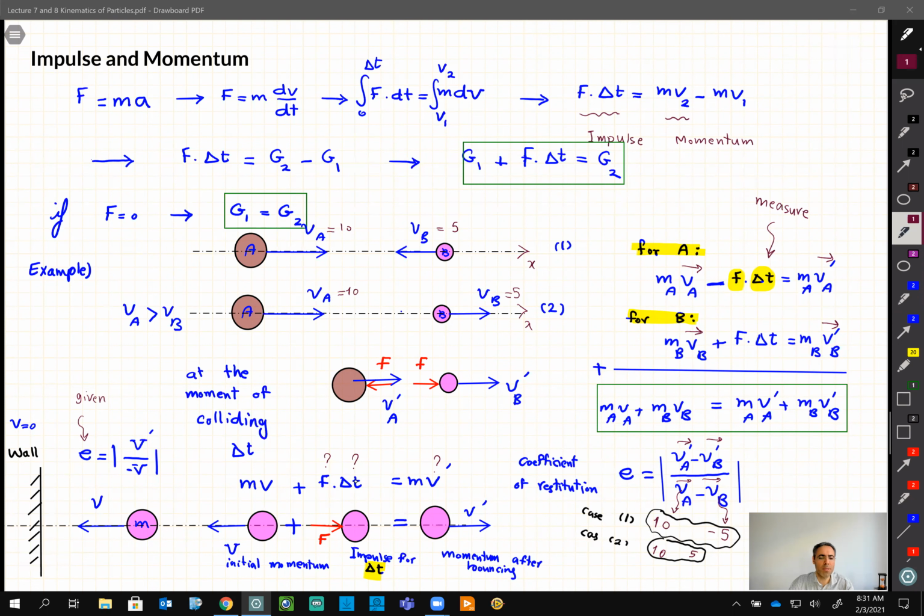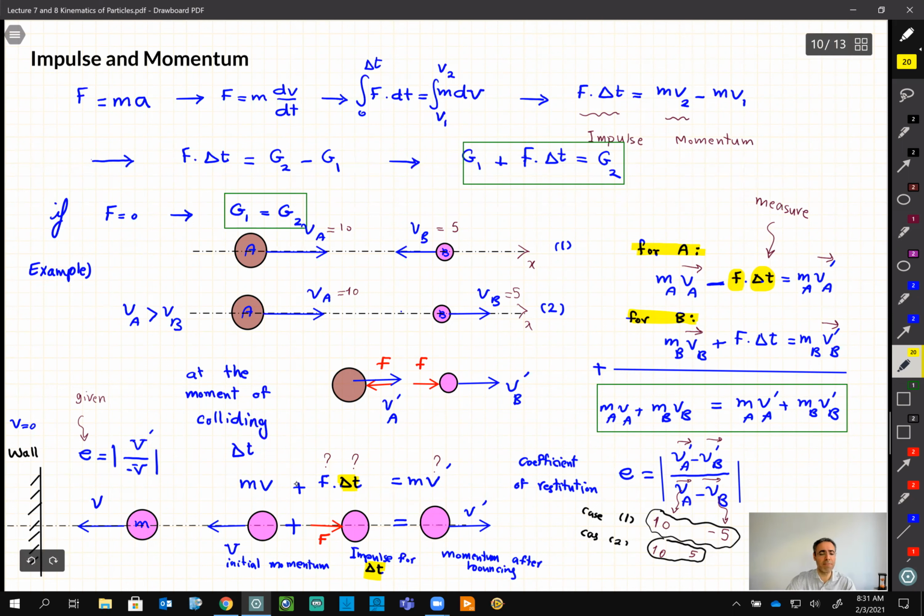So in this problem, basically the only solution for us is to measure delta T. If we measure delta T, if we know how long it takes, then the problem will be solved.